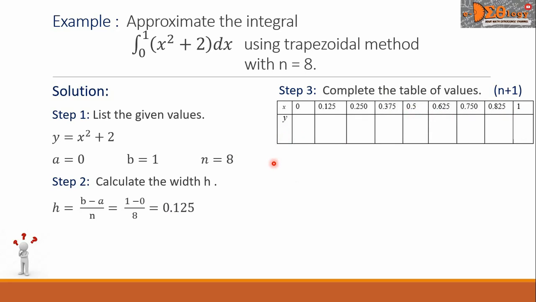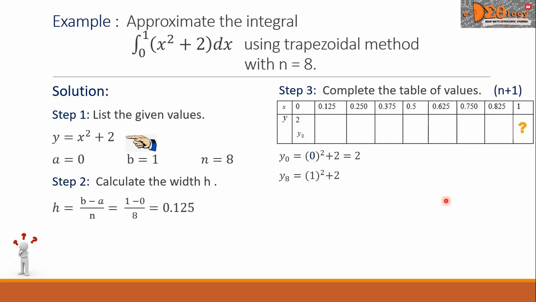Now let us get the values for the y. We're going to use this formula. So for the first box, we're going to write y sub 0 equals, substituting the value of x, 0 squared plus 2, and this is equal to 2. Let us write this on the blank. Let us get the value of y on the last box here.